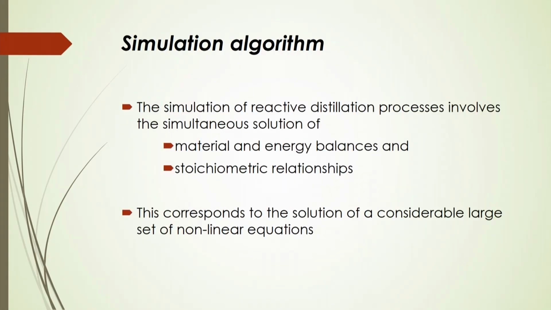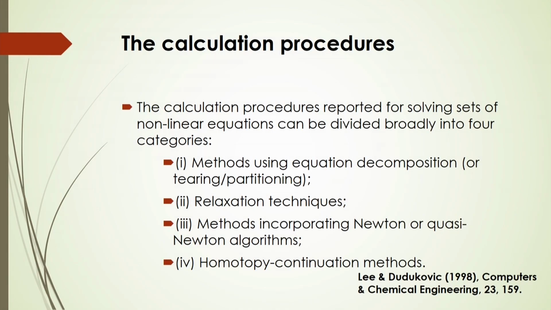For the simulation purpose, you have to use the simulation of the reactive distillation process, which will involve the simultaneous solution of material and energy balances and stoichiometric relationships. This corresponds to the solution of a considerably large set of nonlinear equations.